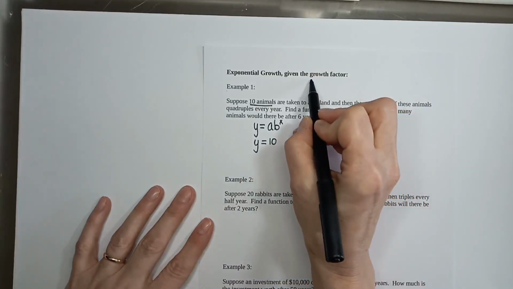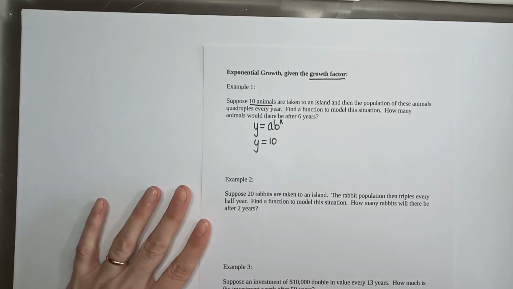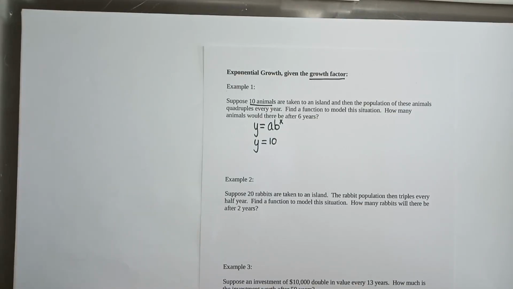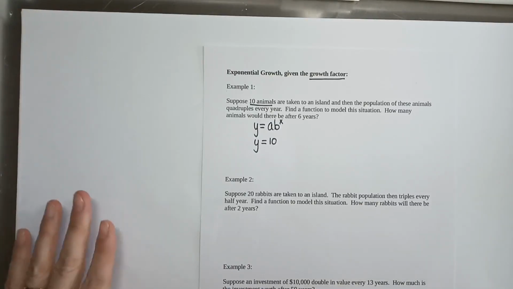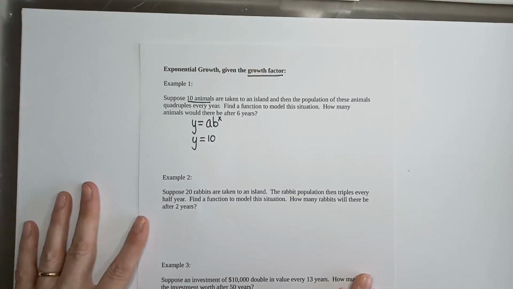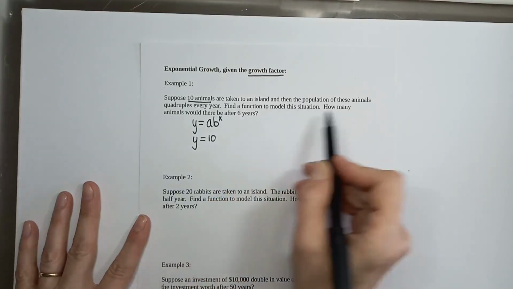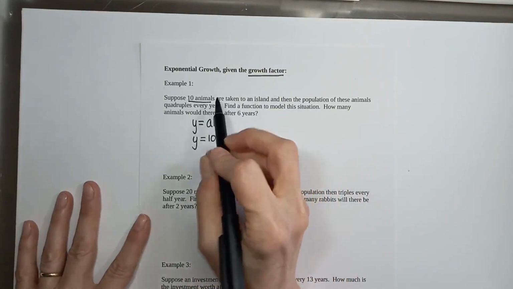Now you'll notice up here, these are all problems that give the growth factor. Remember, the growth factor is b. Tomorrow we're going to look at questions that give the growth rate or the decay rate, and then you'll need to find the function from the rate. These are a little bit easier because they are giving you the factor in the question.